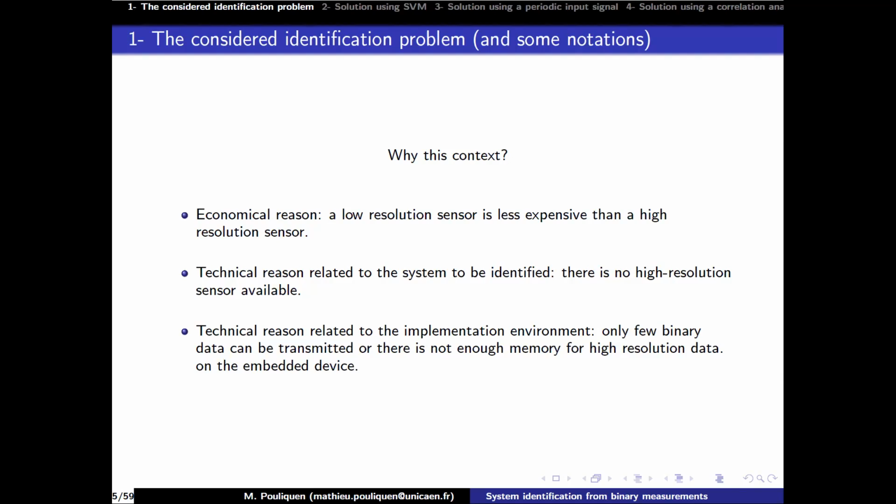Maybe with the high resolution sensor, you have a measure every minute, but you need a measure every second. You choose a binary sensor, maybe to have a measure each second. And another reason is the case when you don't have enough place in memory, for instance. It's easier to store low resolution data.